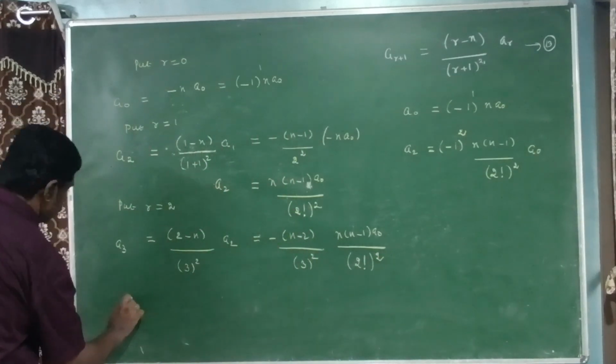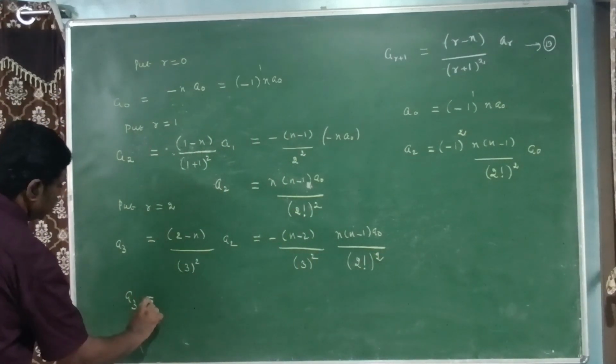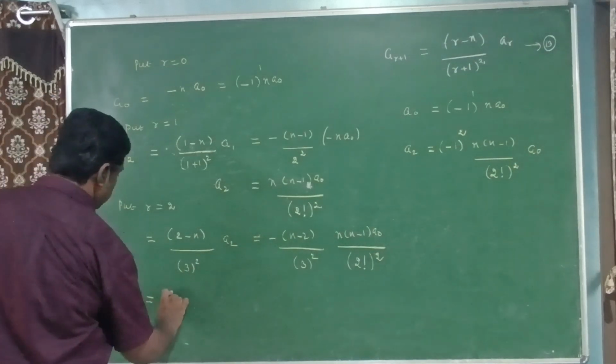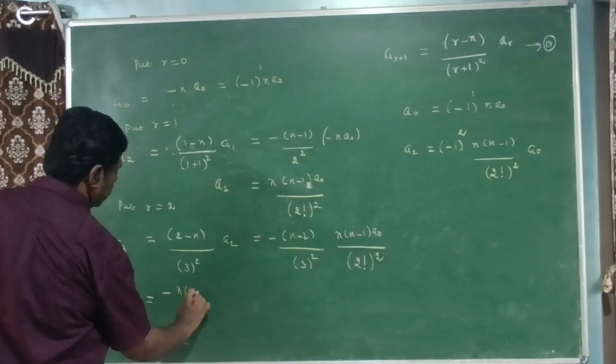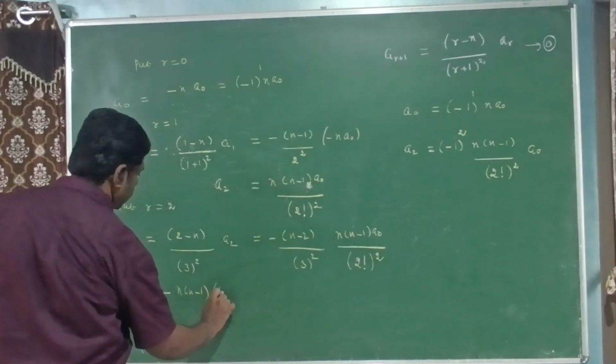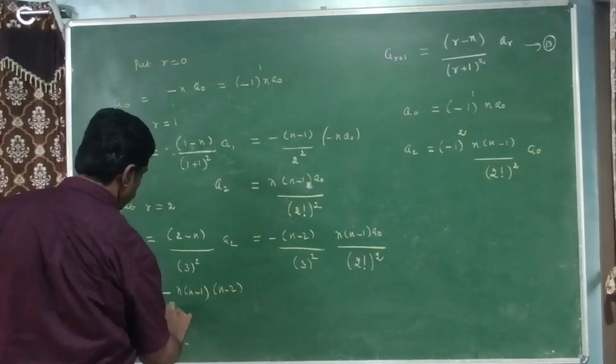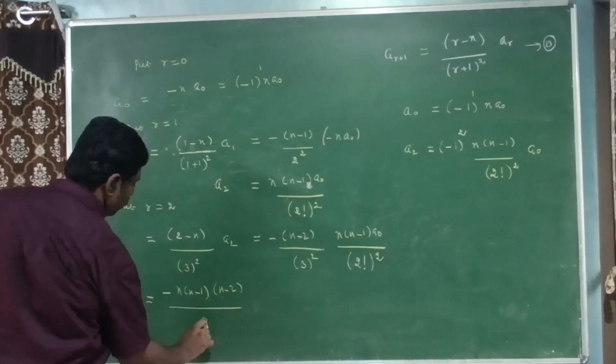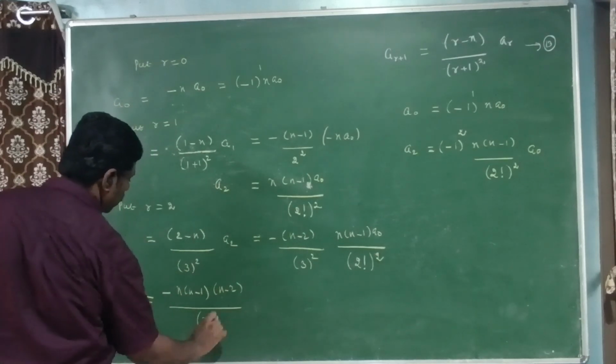And this is modified as a3, which is equal to minus n into n minus 1 into n minus 2 whole divided by 3 factorial square.